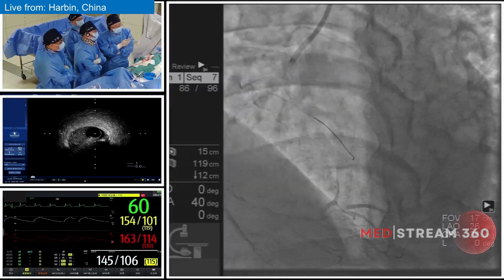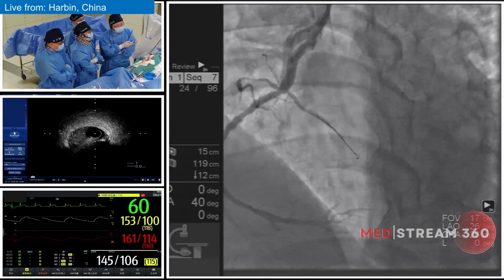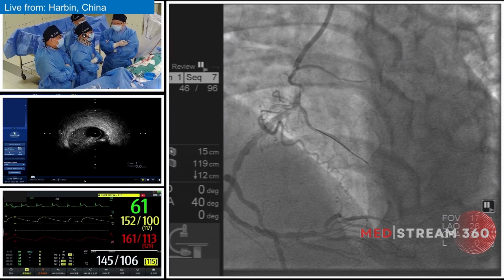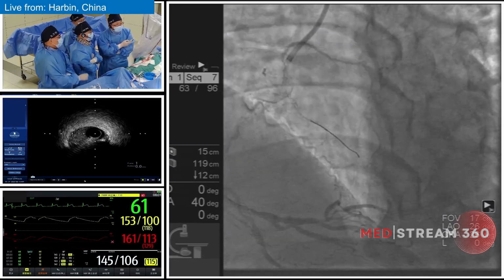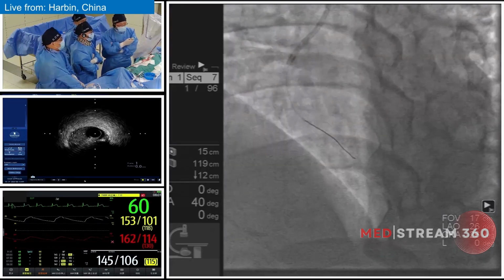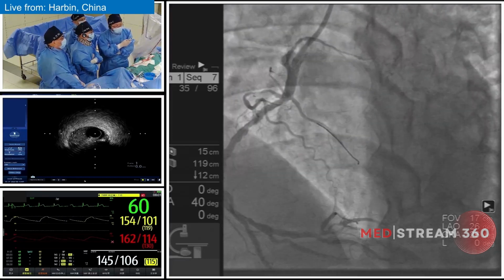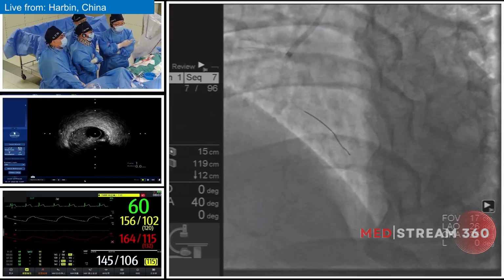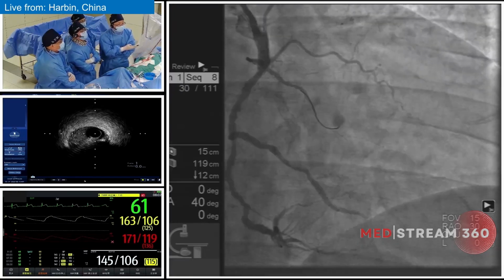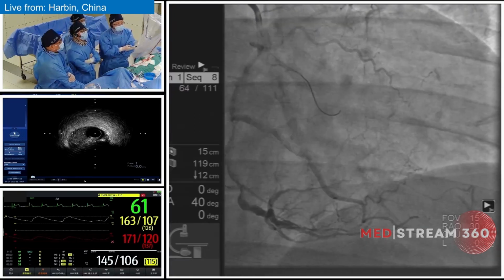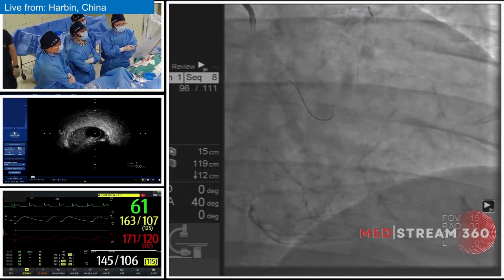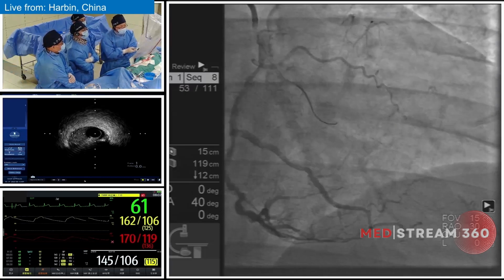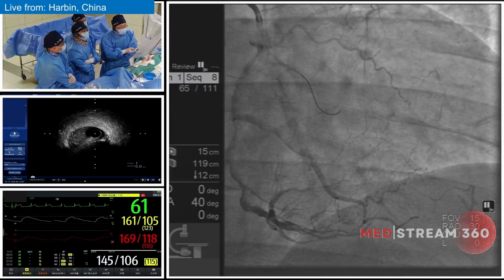We can see clearly. So if we use the retrograde approach, we may first use imaging to check the plaque and maybe implant a stent there, to make the retrograde approach safe. Okay, and let's see another view, the RAO view. RAO is often used to check the septal collateral channel, but we couldn't see it very clearly.